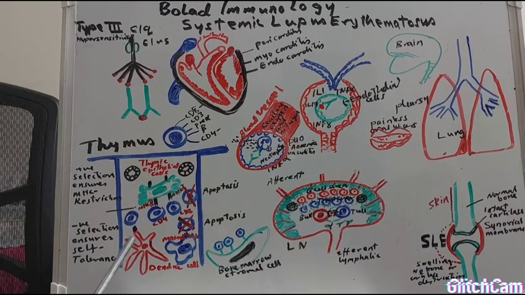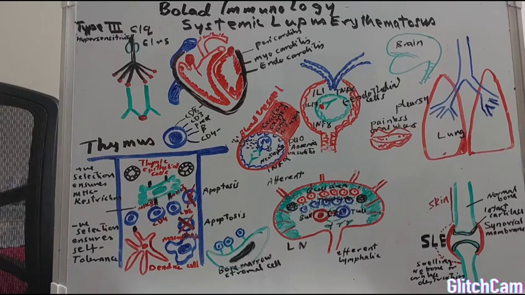If they recognize the self-antigen in association with self major histocompatibility, they will be saved. But if they fail to recognize the self-antigens, they will be killed by apoptosis, and this is known as negative selection, for ensuring self-tolerance.